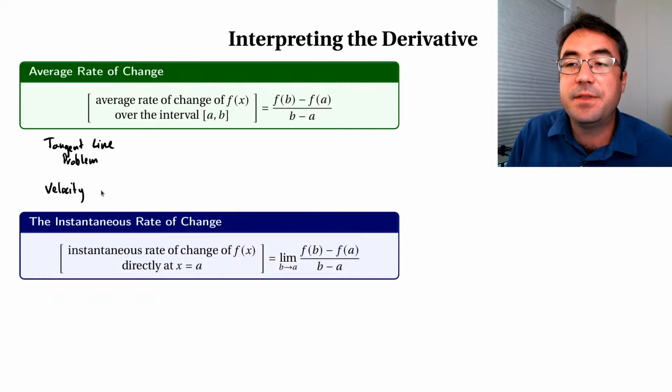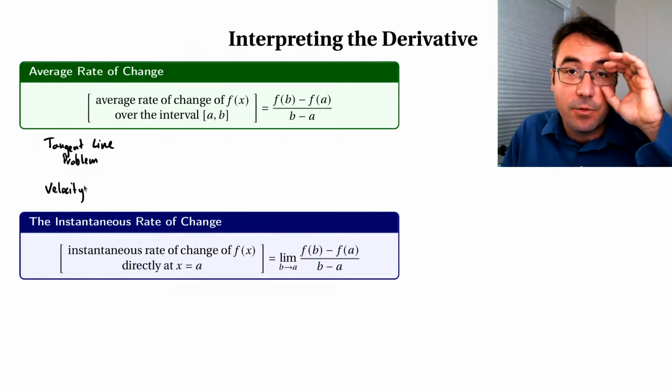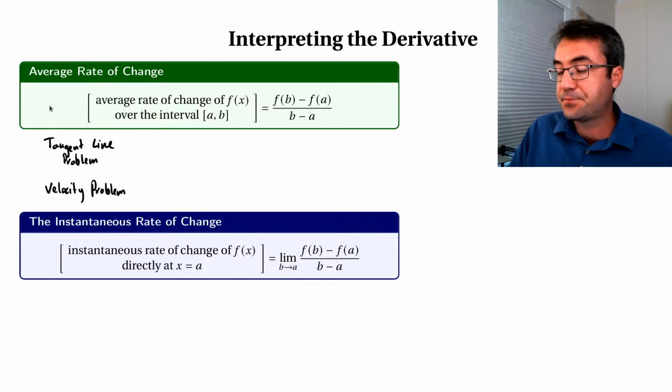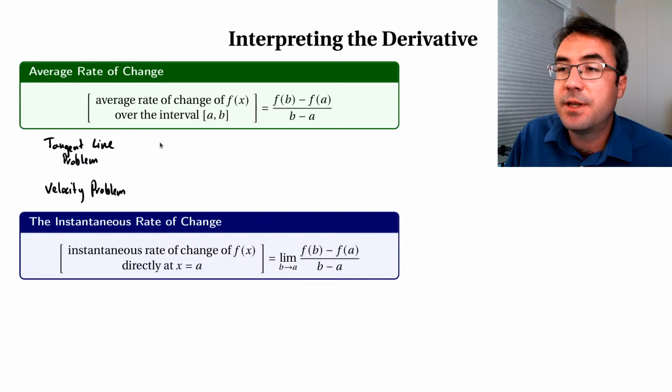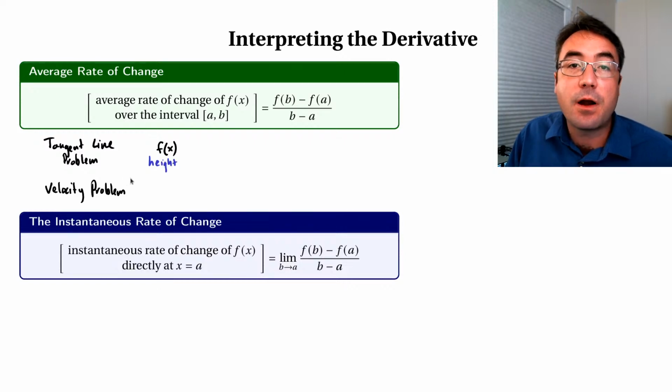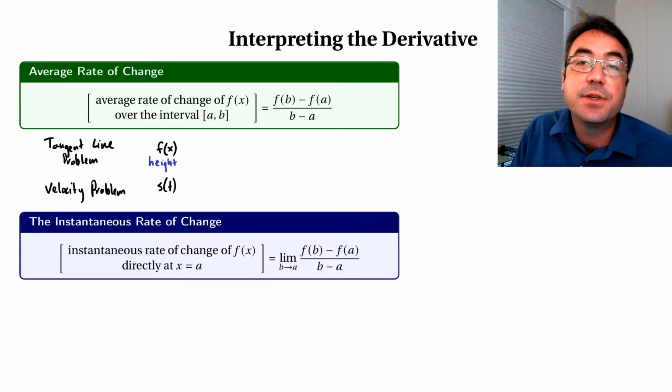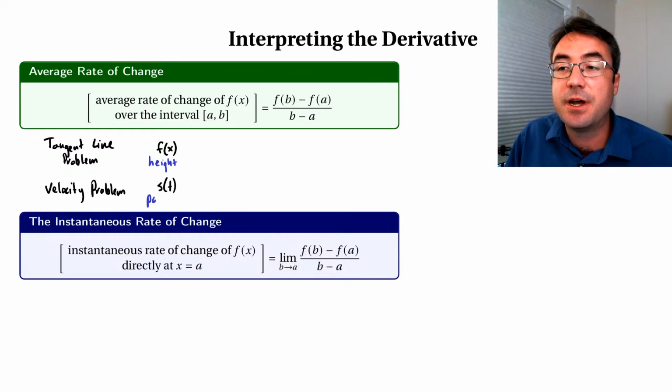So how do we calculate the instantaneous velocity for an object moving in a straight line, or how do we calculate the slope of the tangent line? For our tangent line problem, we were generally considering a function f of x, giving us the height. And for our velocity problem, we were considering a function like s of t, which is really giving us the position of our object that's moving around.